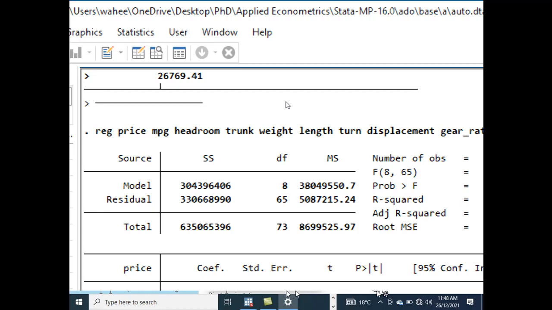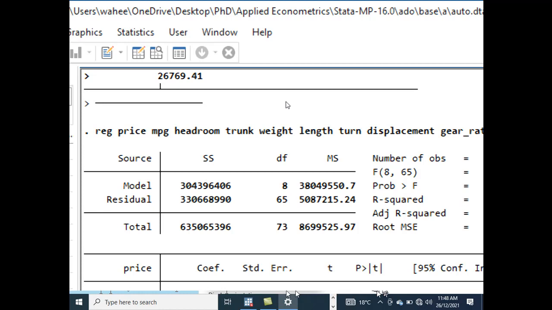Remember, R square is also telling you, technically, how much out of 1 is the contribution of these included x variables. How much do the included explanatory variables explain regarding the dependent variable?